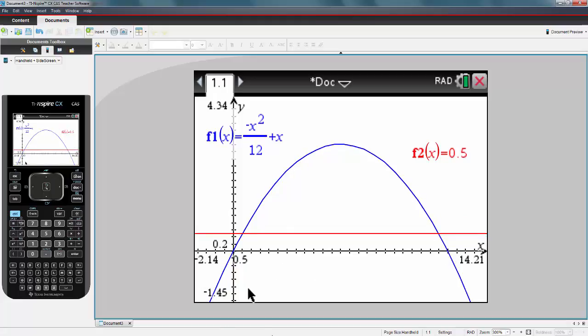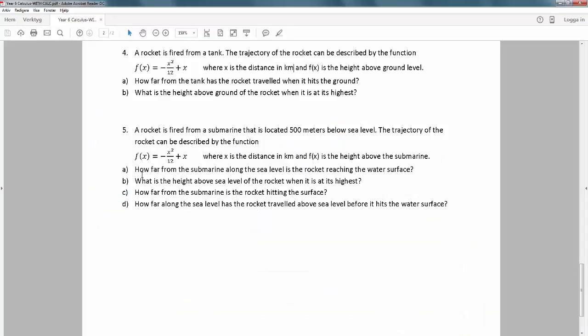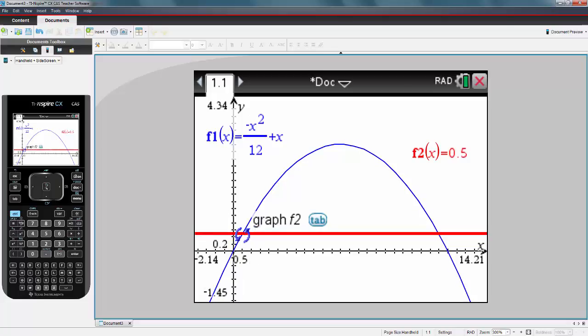So the first question is, how far from the submarine along the sea level is the rocket reaching the water surface? So this means that we're looking for this point of intersection.